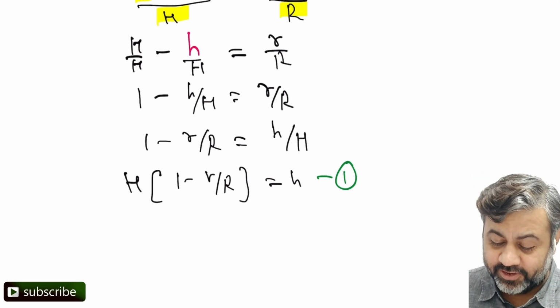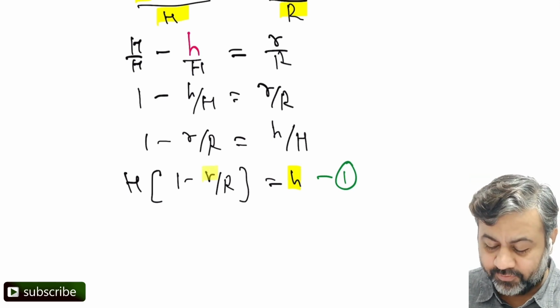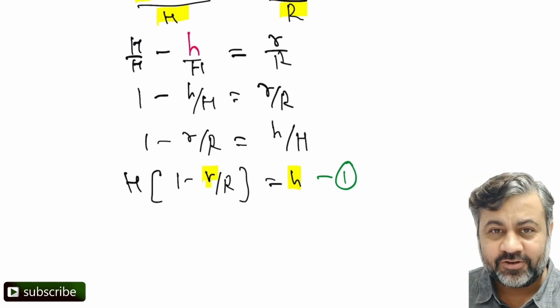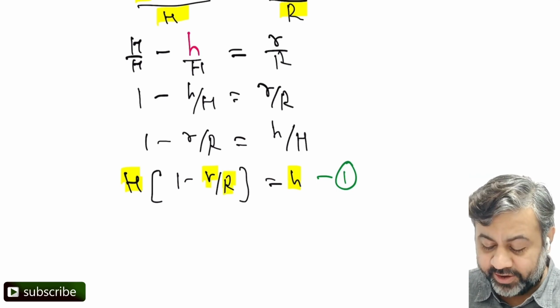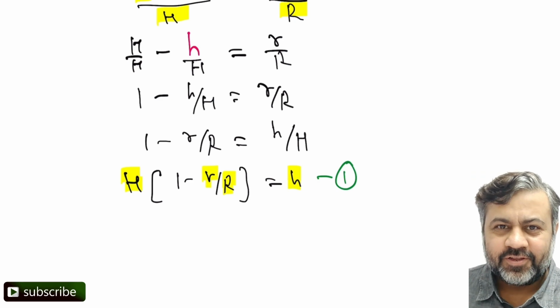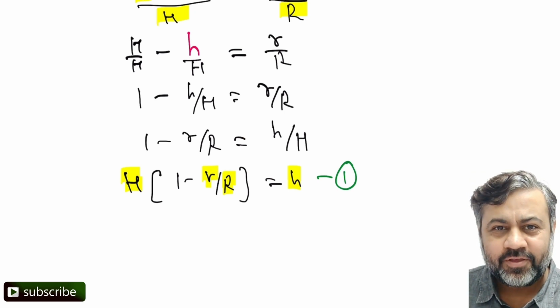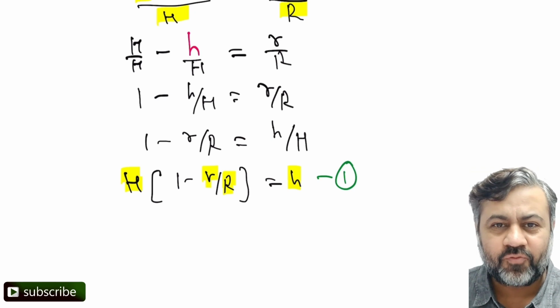So what I did here is, I wrote the height of the cylinder in terms of the radius of the cylinder, where the height of the cone and the radius of the cone are constants. This is what is challenging in the exam. Once you do up to here, now substitute this value of small h in the formula for the volume of the cylinder, and then we'll follow the steps.